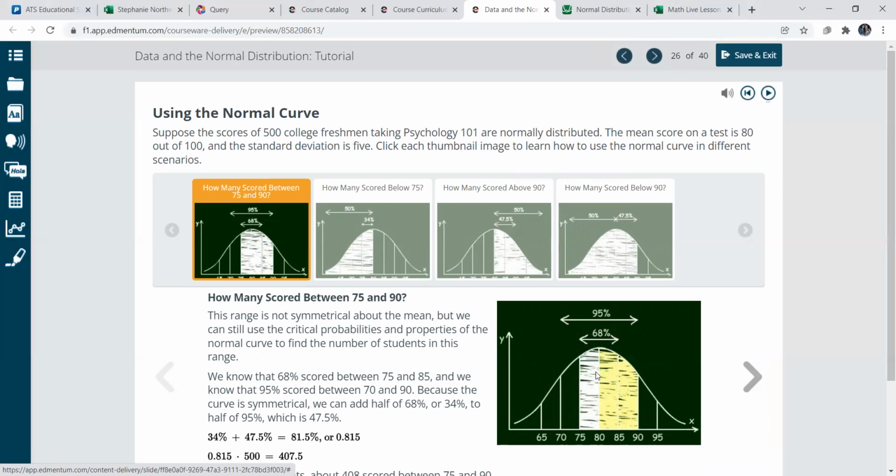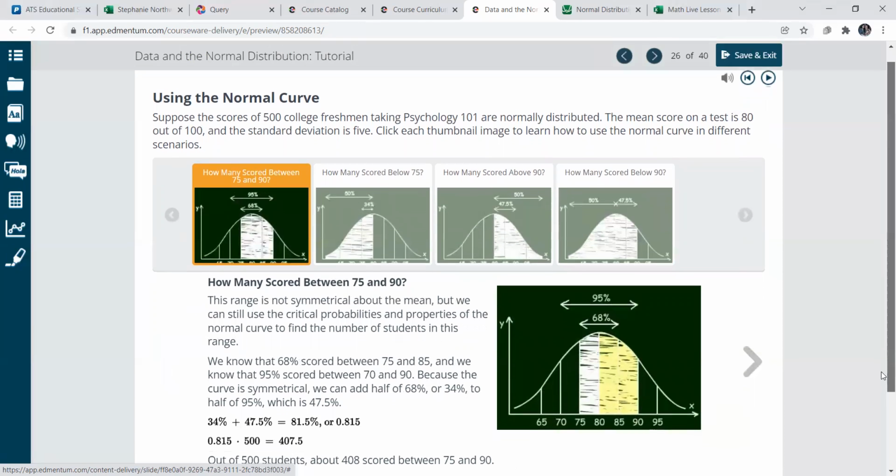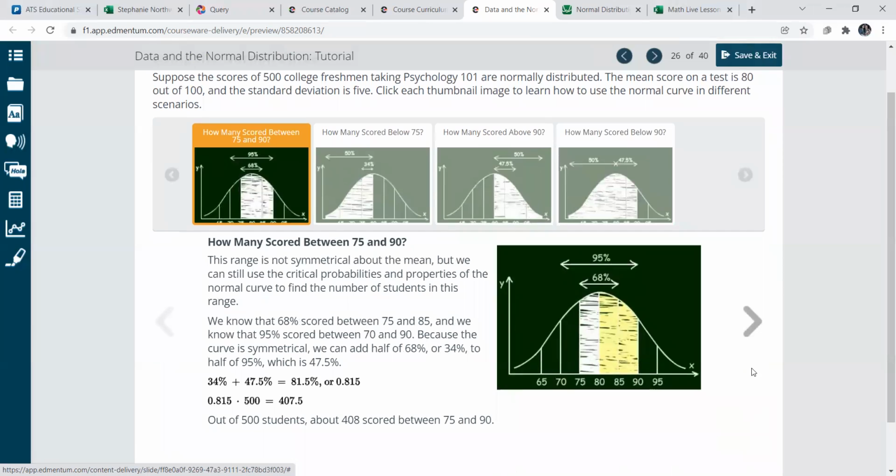So 68% are scoring between 75 and 80. And then 95% scored between 70 and 90. So it says that because the curve is symmetrical, we can add half of 68 to the 95%, which is 47.5%.